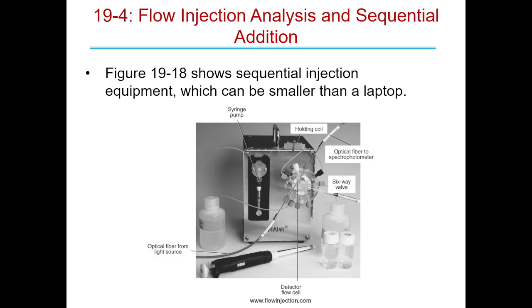Anyways, this is what this looks like right here. Okay, notice they can pretty much be fully contained, automated. It's a magic box that you put stuff in, right? You're not sitting there doing anything manually, okay? These things can be smaller than laptops.